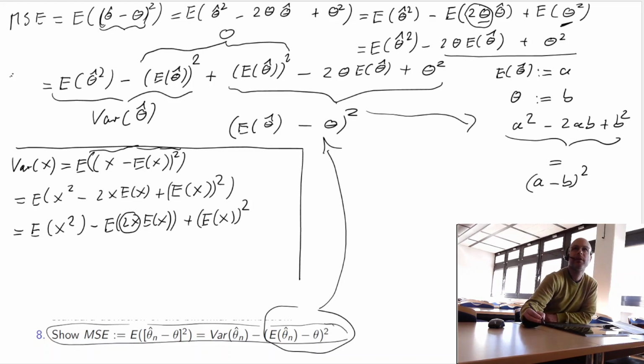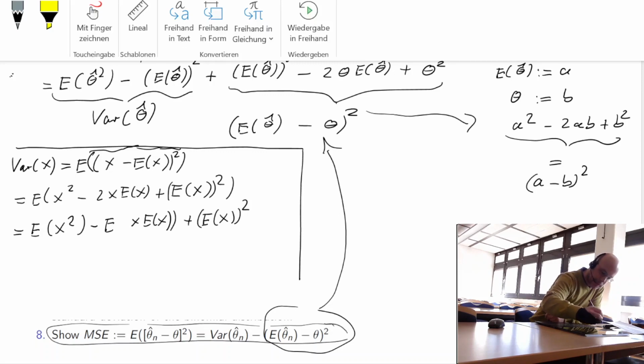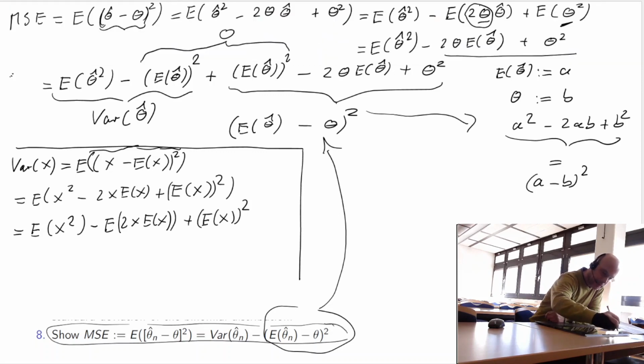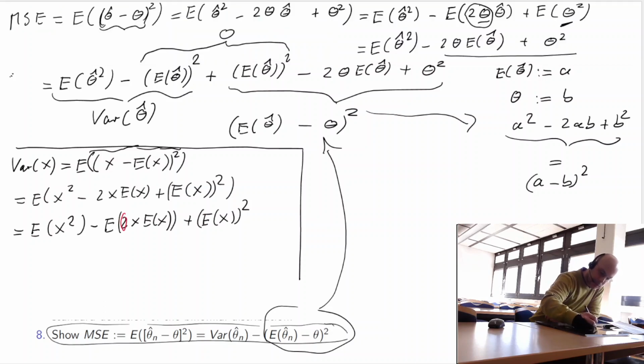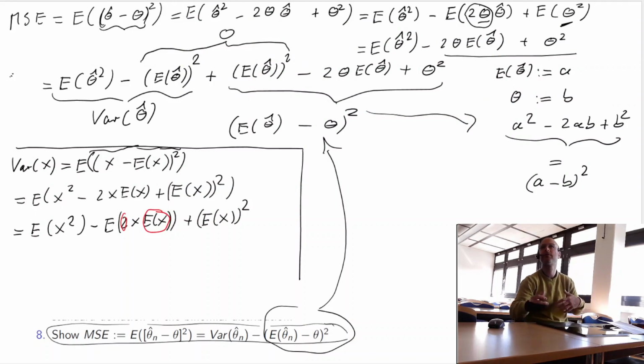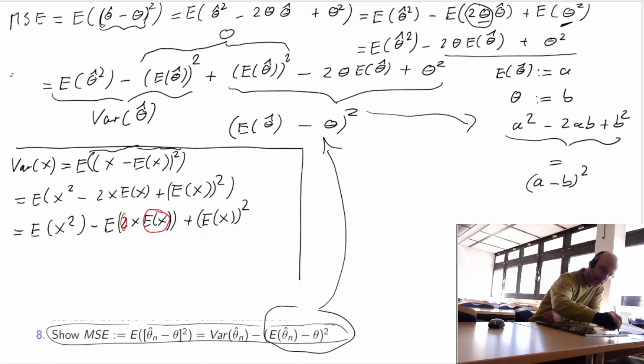Again, with the same argumentation, we can take the 2 and the E of x outside the expected value operator, because of course the expected value of a number is the number itself.